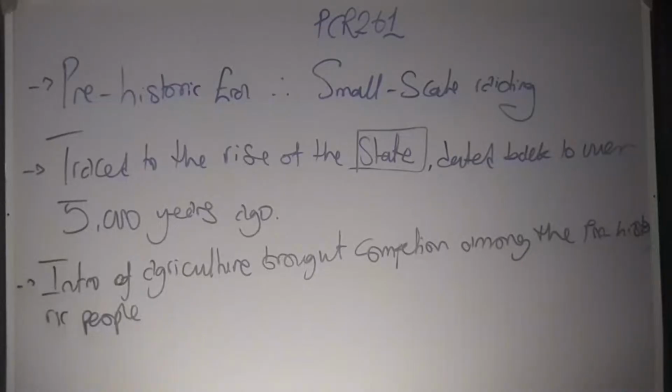So it says that the introduction of agriculture brought competition among the prehistoric people, and there was absence of government in the real sense of it to maintain law and order. During the prehistoric era there was nothing like government.